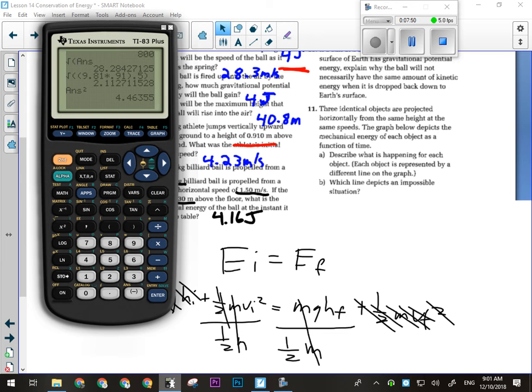Oh no, I multiplied by 0.5. There's my mistake. Okay, all right, so let's try that again. Bracket 9.81 times 0.91 divided by 0.5. That'll work better. There we go. 4.23 meters per second.